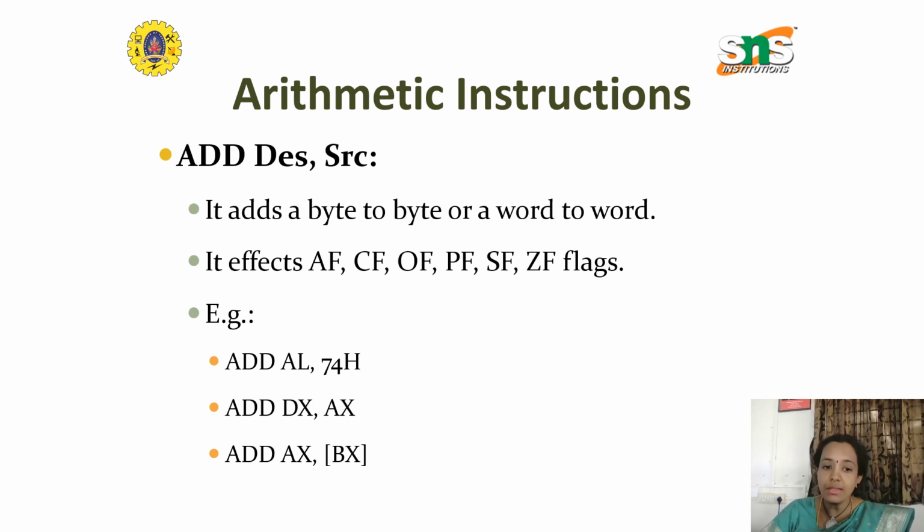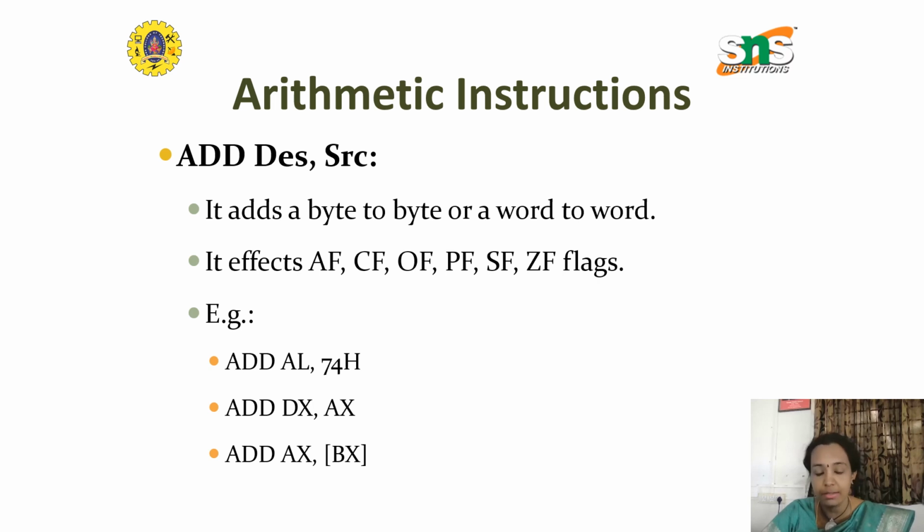The very first one is ADD AL, 74H, where 74H is data that will be added with the accumulator's lower register. That is the main meaning. ADD DX, AX means we will be adding the data in AX with the data in DX.